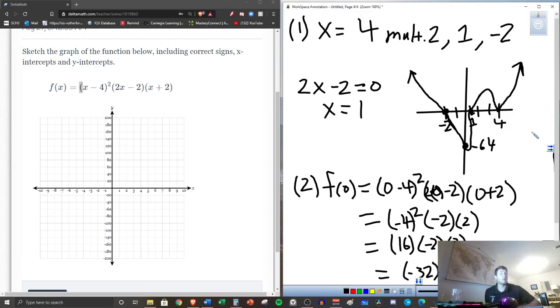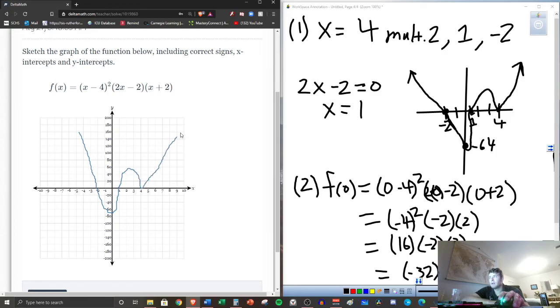Then my sketch, I'm using that to draw mine over here. So I know I'm starting up here from the top left, going down. So I'll start here, go through negative 2, and you can see I missed. That's okay. I just click and start over. So through negative 2, missed again. Good enough. Down to negative 64, up to positive 1, curve back down, and bounce off 4.